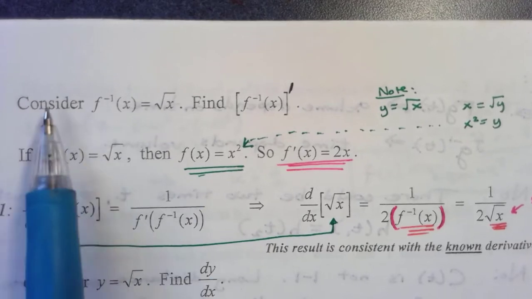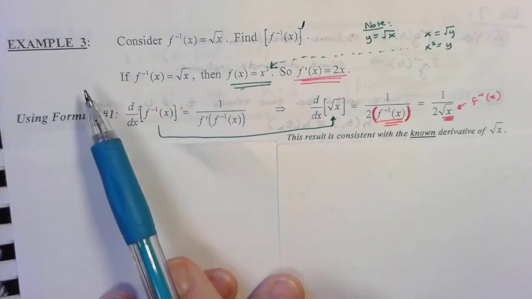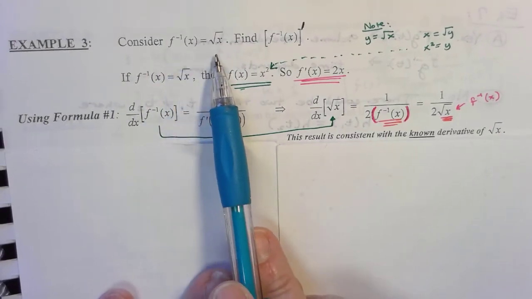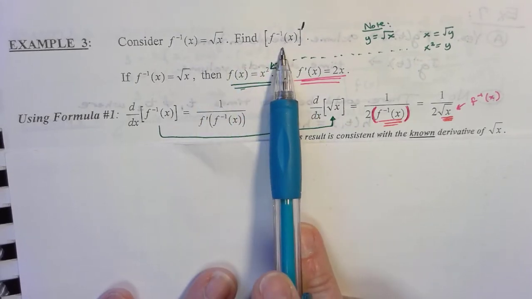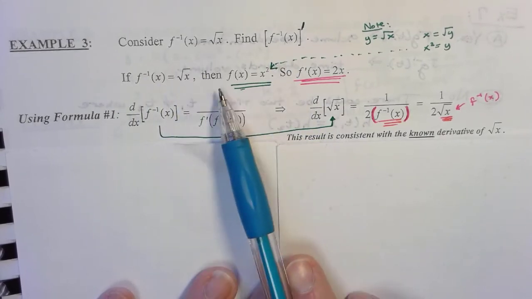So let's look at example 3. We're going to consider our function, which is an inverse, which is the square root of x. And we want to find the derivative of that inverse function. So if f inverse is square root of x, then f of x is x squared.